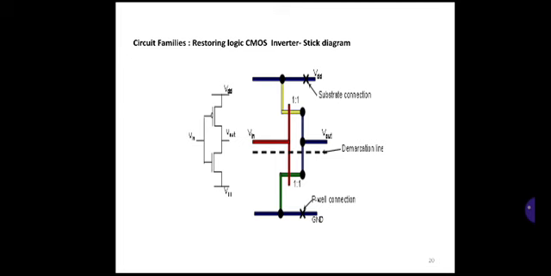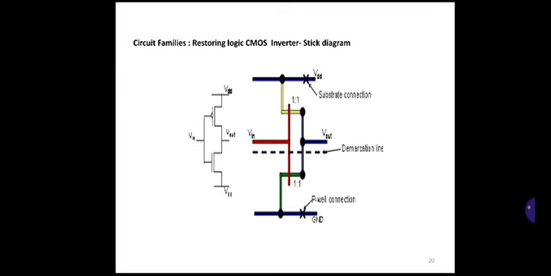As the gates of both transistors are shorted, the polysilicon is shorted and extended and named Vin. The outputs of the P transistor and N transistor are also shorted, and the output is extended as Vout.